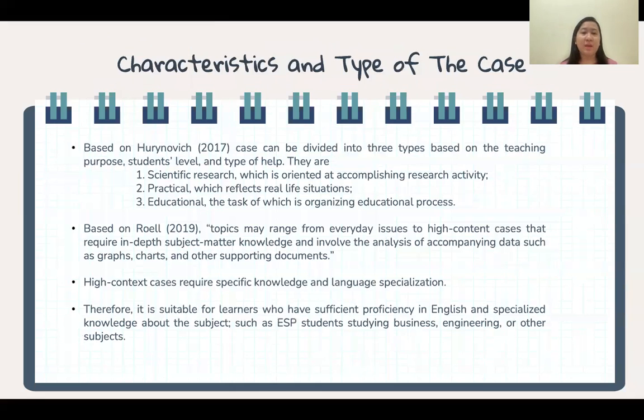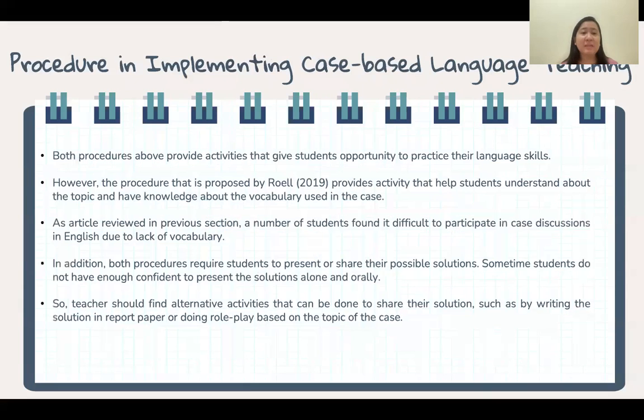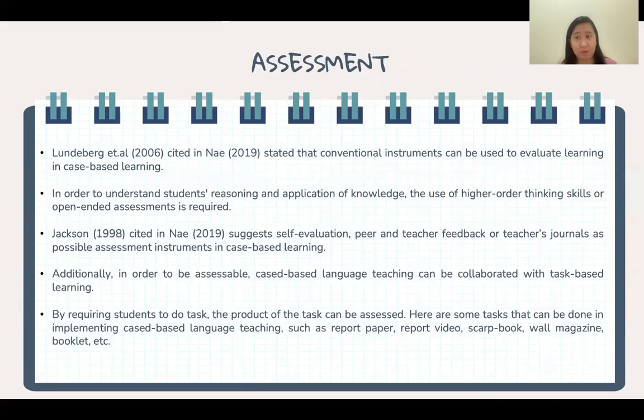But we have to consider some aspects. The first is the characteristic and type of the case, and also the procedure in implementing case-based language teaching. And then the last is the assessment.